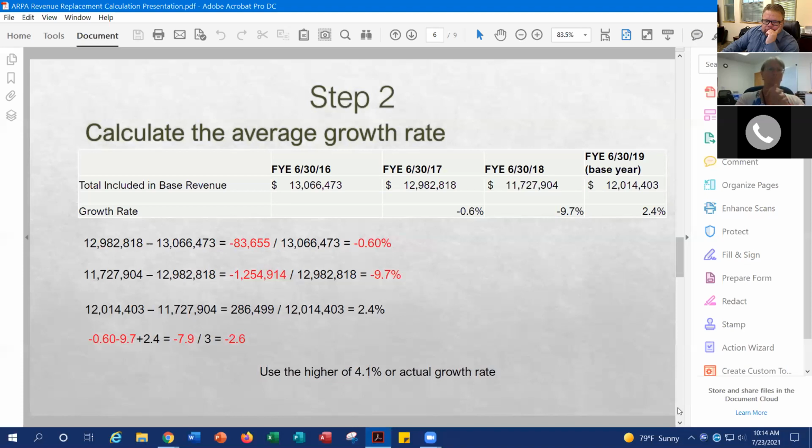And then you're going to take those 3 numbers and average them. So in this particular case, the average growth rate would be a minus 2.6. Since the guidance allows for using the higher of your actual growth rate or 4.1%, in this case, we're going to take the 4.1% for our calculation.